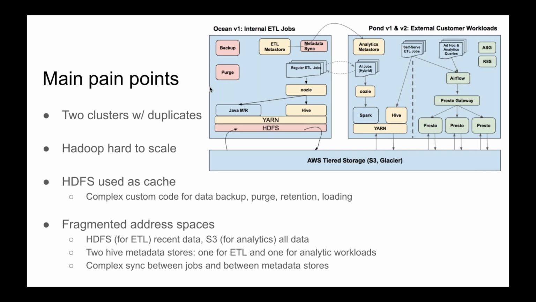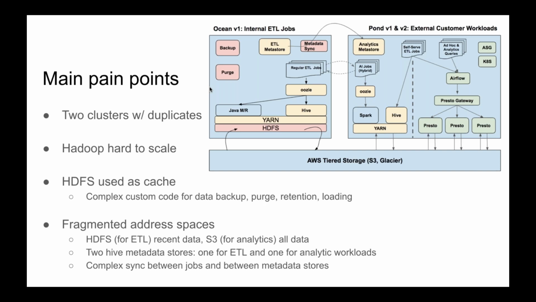So that means we have to implement a very complex custom code for data backup, purge, retention, and loading. We need to load data manually to the cache whenever it's not there. All these functions are just basic functions if you have a specialized caching service there.